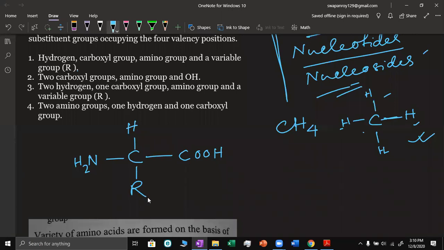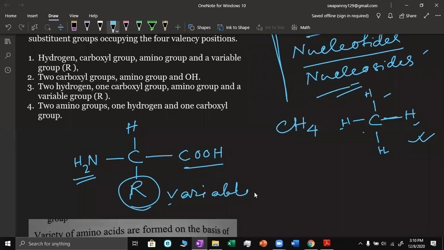The R group can be anything; it may be simple hydrogen or any other thing.